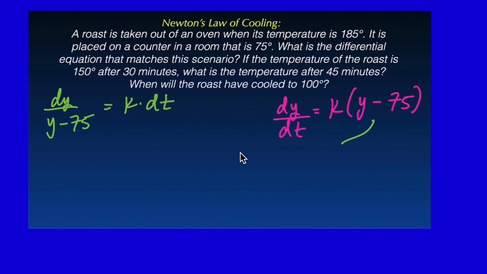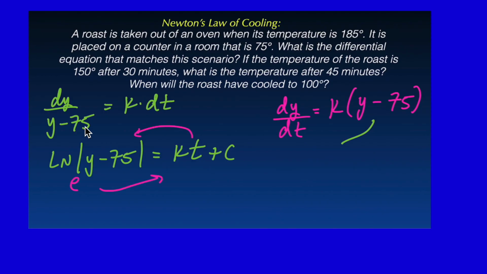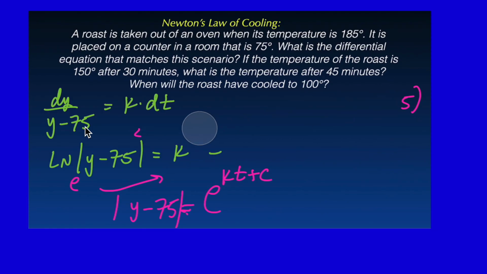When we do u substitution on the left side, we're going to end up with du over u, and the integral of that is going to be the natural log of the absolute value of u. So we're going to just go ahead and jump to that, and we're going to have kt plus c on the right side. We're going to do whirly-bird, and we're going to end up with e to the kt plus c equals the absolute value of y minus 75. Okay, let me make some room and talk about how to proceed from here.